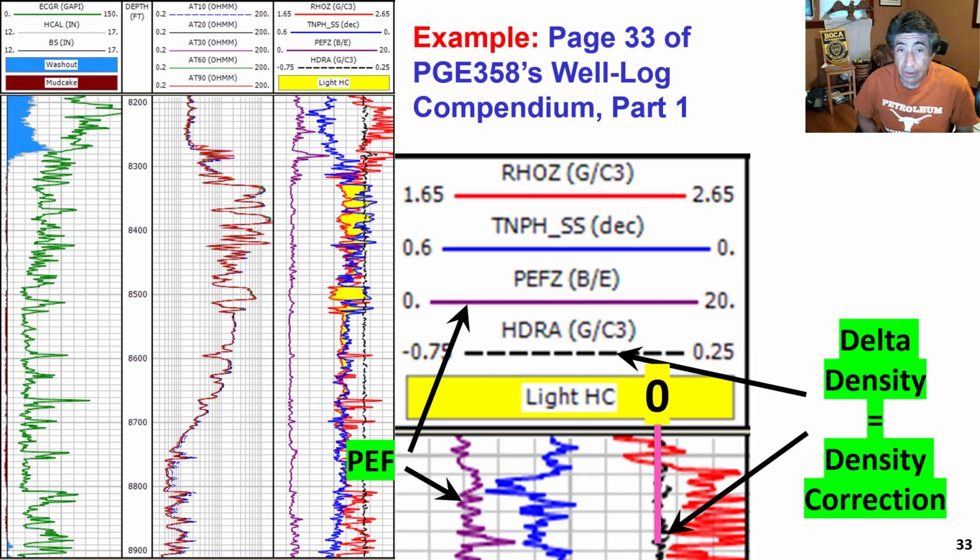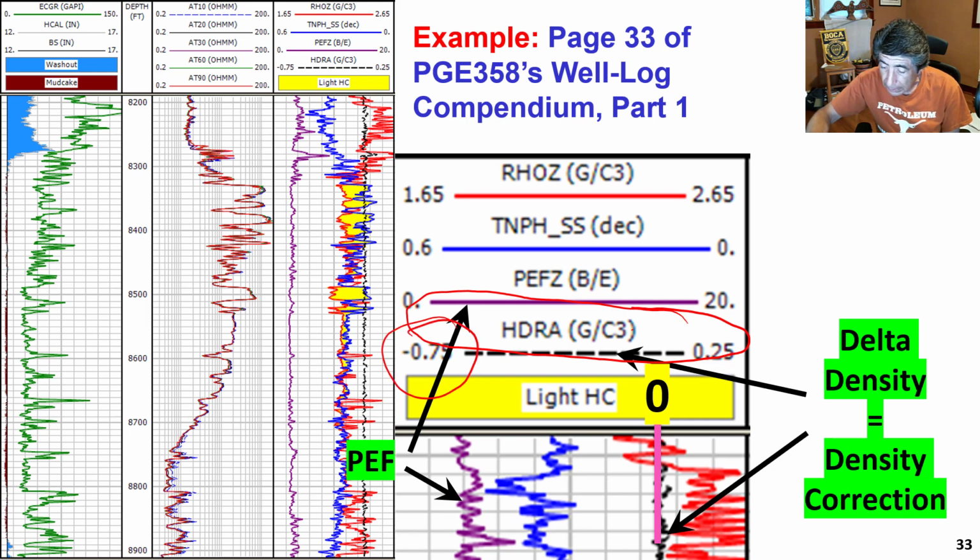And because of that, the logging companies report that correction in the form of the delta density log. This is the log, HDRA, but different logging companies have different names for this. Please note that this is in grams per cubic centimeter. Look at the values, they could be negative or they could be positive because you can have corrections one way or another.